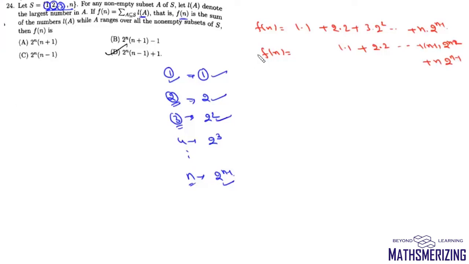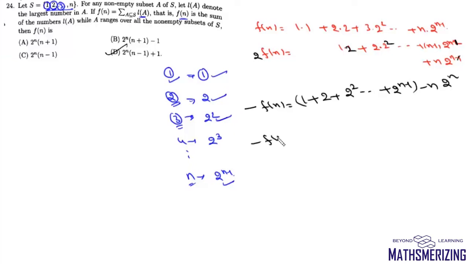So we'll multiply it with 2, we'll get 2, and then here will be 2 square, 2 to the power of n minus 1, and here it will be 2 to the power n. Now we'll subtract second from first, we'll get minus Fn, and here if we subtract, we'll get 1 plus 2 square plus 2 to the power of n minus 1, and then minus n into 2 to the power of n. So it will be minus Fn.